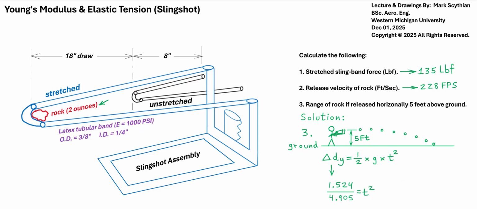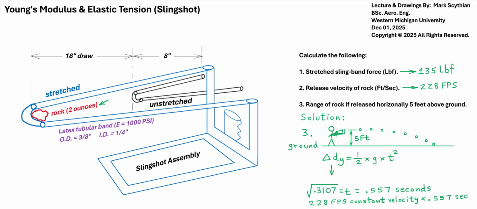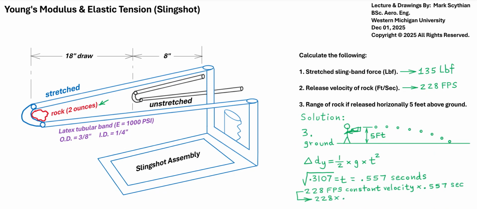We just algebraically solve for t by finding the ratio of what t squared equals, and then finding its square root, canceling the square, and then calculate the flight time before it hits the ground, times the constant velocity of 228 feet per second. So this becomes a range of 127 feet.